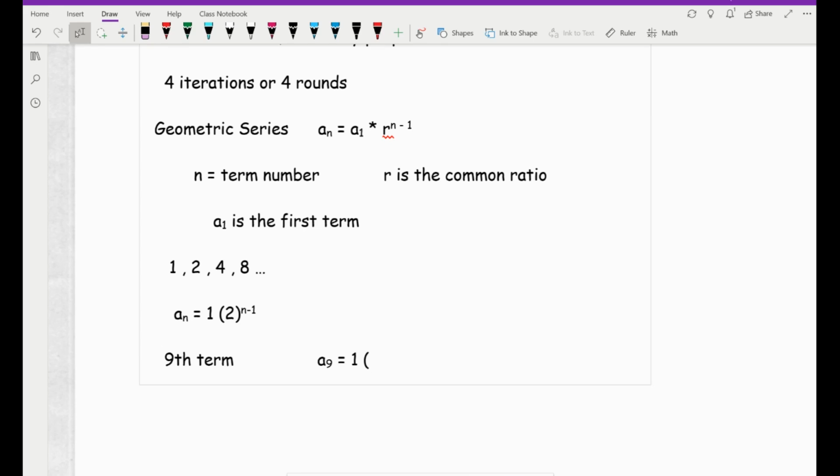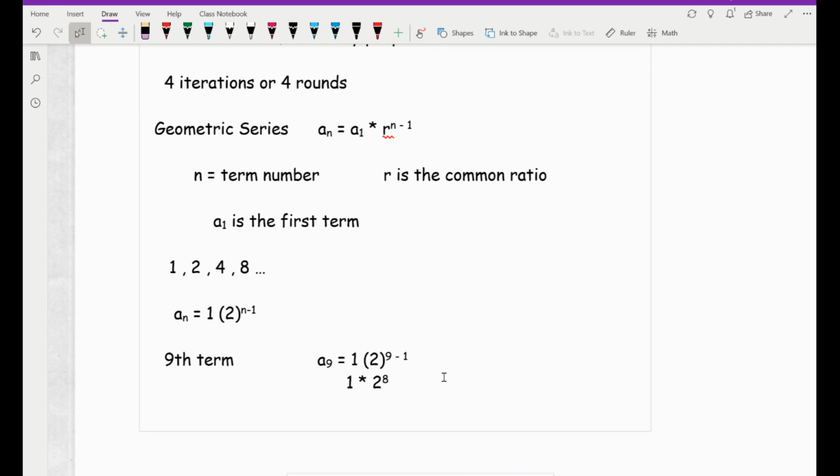Each time the numbers are doubling, and we're going to raise it to the 9 minus 1, because the n tells us which term number we're trying to find. So this becomes essentially 1 times 2 to the 8th.